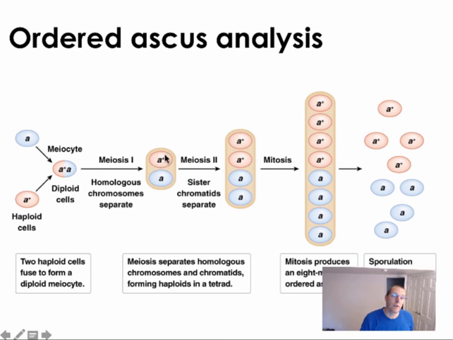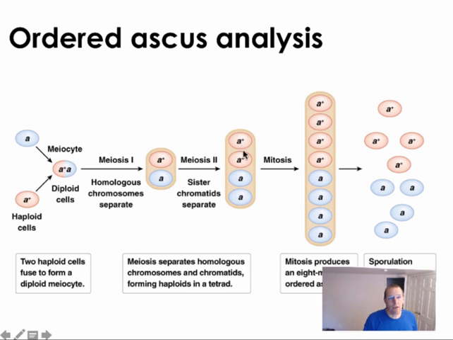So when this spore here undergoes the second meiotic division, when it divides, it puts 2 of the same genotype right next to each other, and then something a little unusual happens. In these types of yeasts, each of these 4 spores undergoes a mitosis, and so you end up with 8 spores in the ascus.